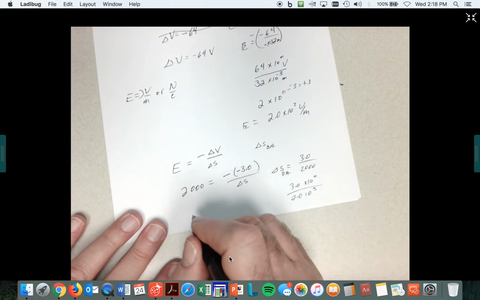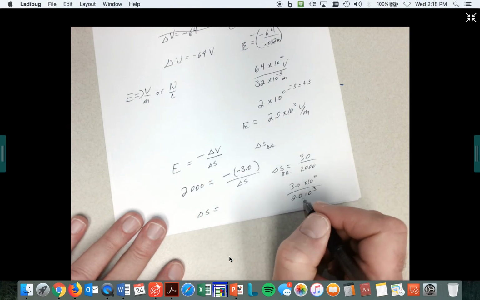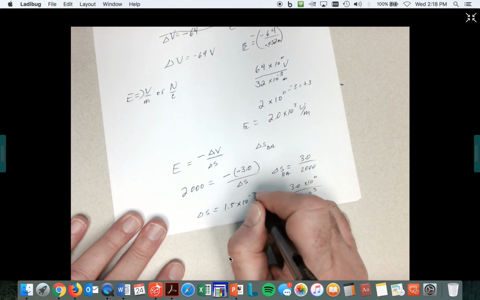And so I wind up with the change in S equal to 1.5 times 10 to the negative 3 meters.